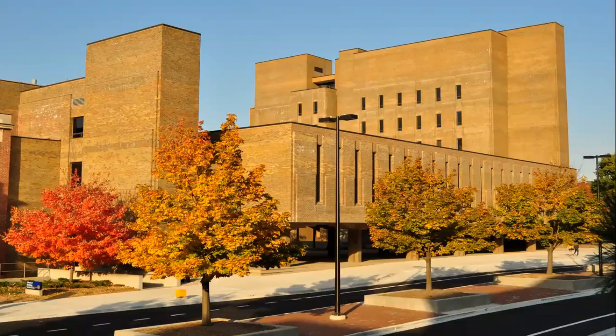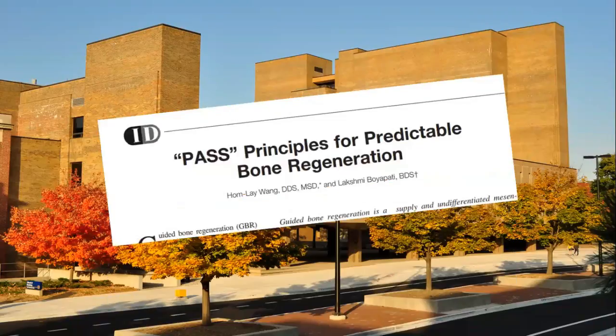To expand our knowledge about PAS, from the University of Michigan, I chose a very interesting paper from Dr. Wang titled PAS Principles of Predictable Bone Regeneration. You can download this paper and get some information that can help you understand more about PAS and about bone regeneration.